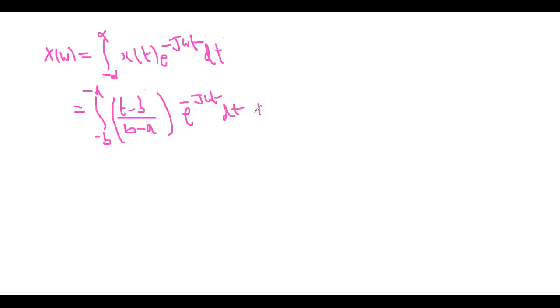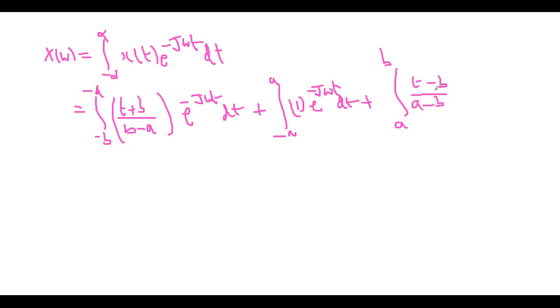Okay, my dear students, plus integral minus a to a, 1 into e power minus j omega t dt, and plus integral a to b, t minus, this is a t plus, my dear students, t minus a minus b by a minus b, e power minus j omega t dt.